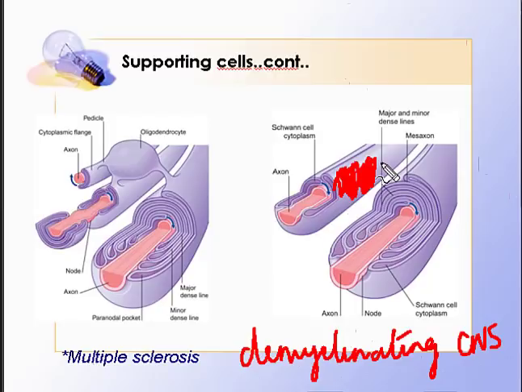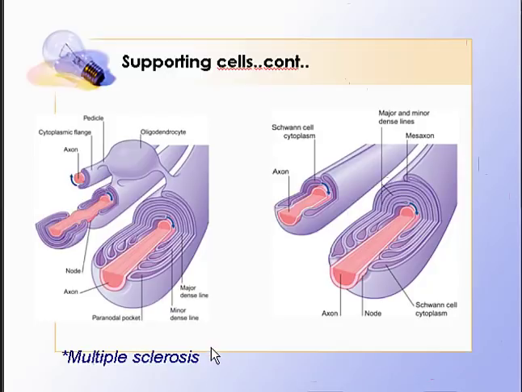Now, this multiple sclerosis is not anatomically selective. So in other words, it can affect both motor neurons and sensory neurons within the central nervous system. So the patient will present with either motor deficit or with sensory symptoms. In the peripheral nervous system, one type of demyelinating disease is known as Guillain-Barré syndrome.